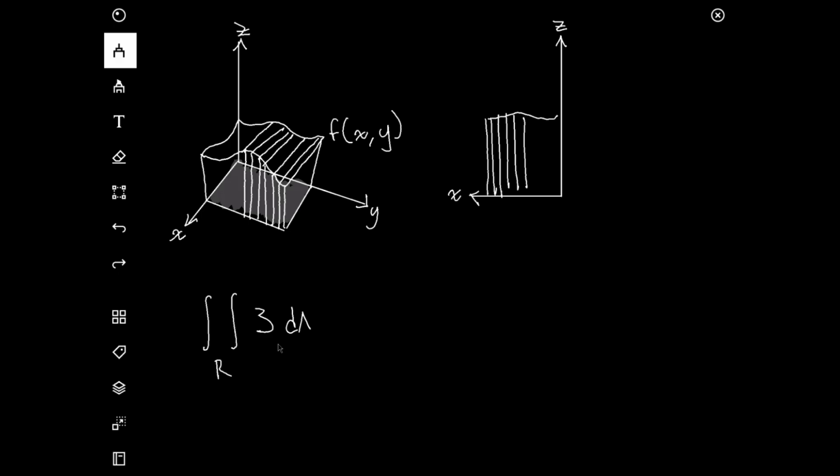A is simply the area of the bottom rectangle, I guess, in this case, that you want to find the volume of the function under.